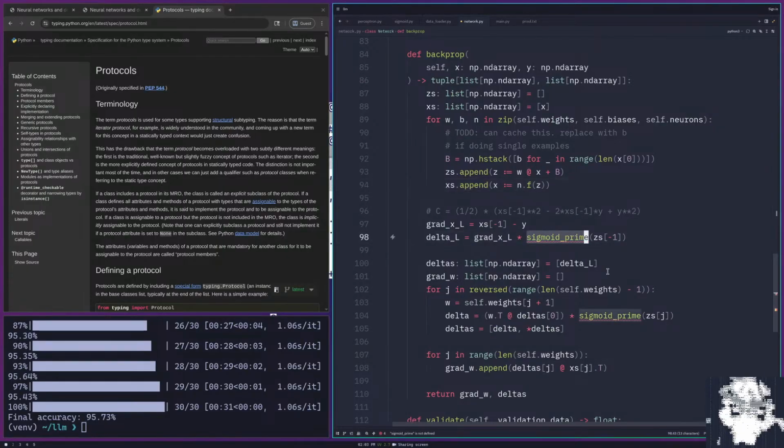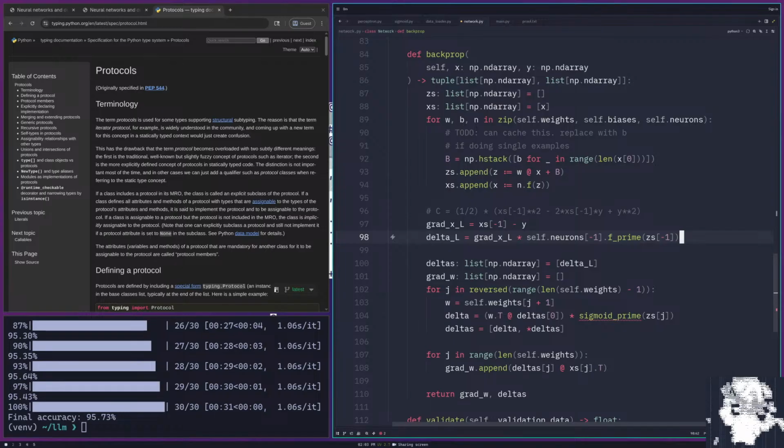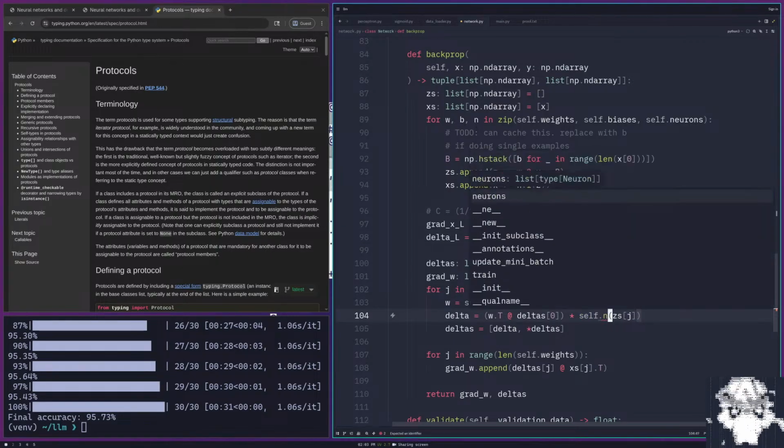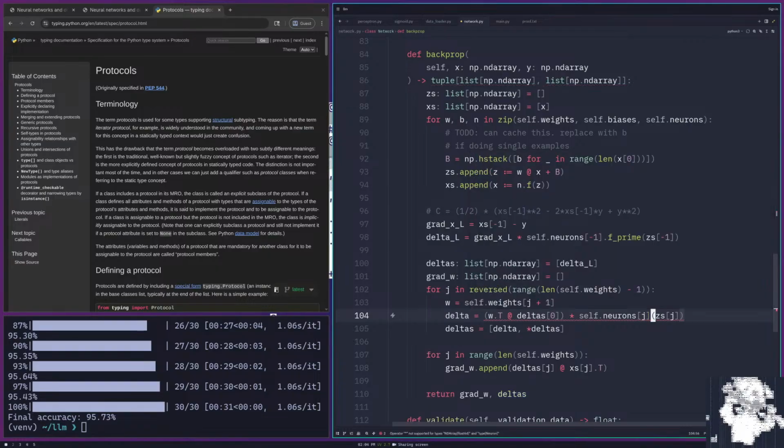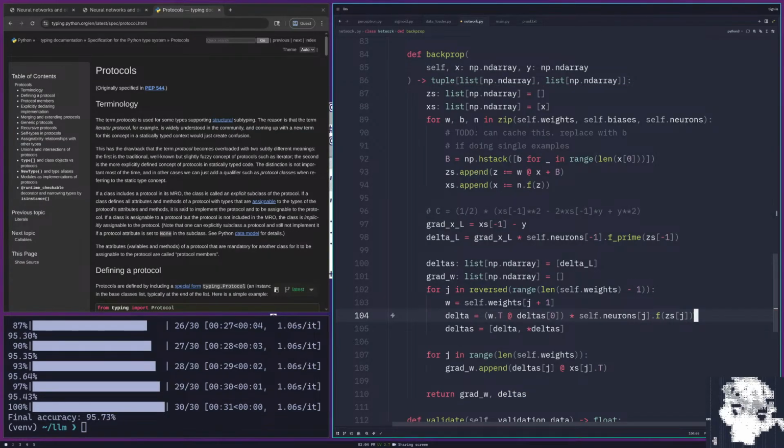This is not sigmoid prime, this is self.neurons of the last layer dot f prime. And this is not sigmoid prime, this is self.neurons of this layer, which is j, dot f prime. Right? Sigmoid prime, yeah.